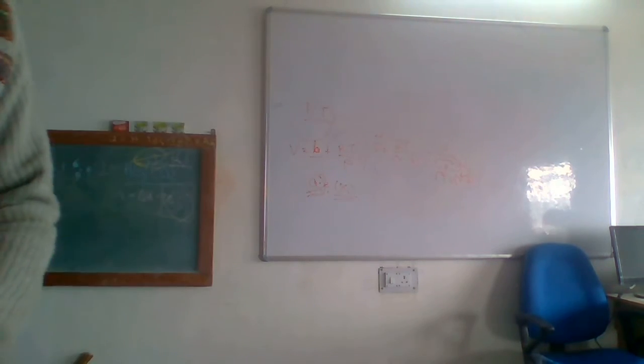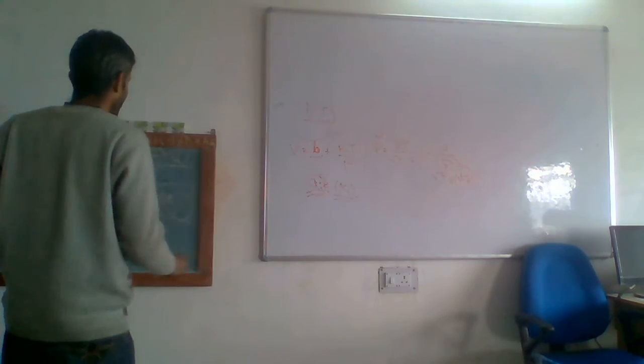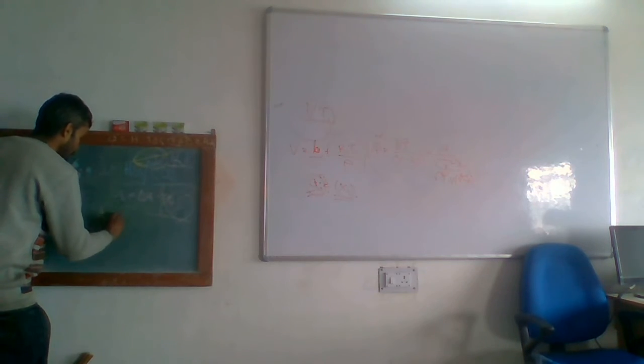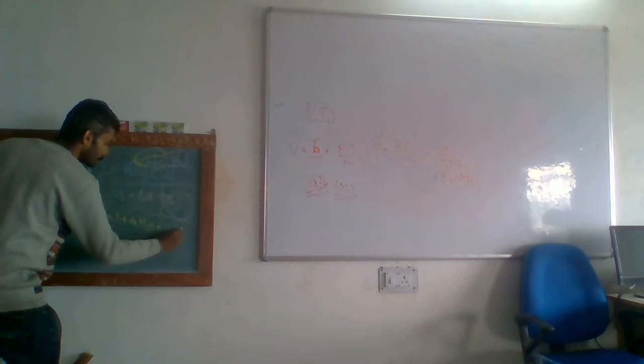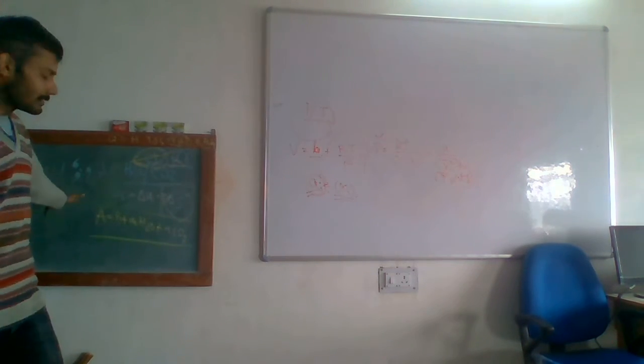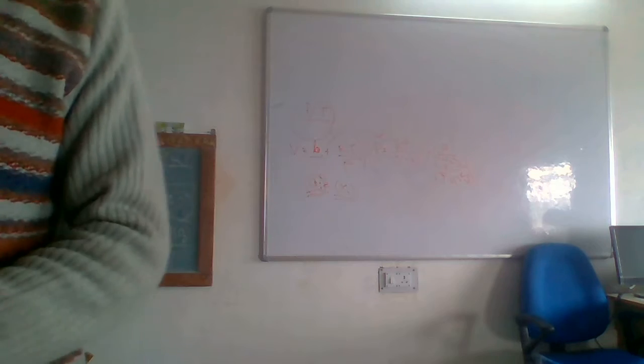And now for this reaction, if the reaction is like A is equal to B plus some moles of H2O plus some moles of CO2, A is just the left hand side of the reaction, B is just the right hand side of the reaction.